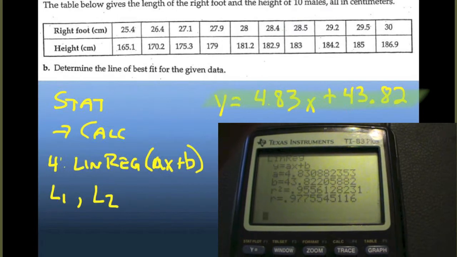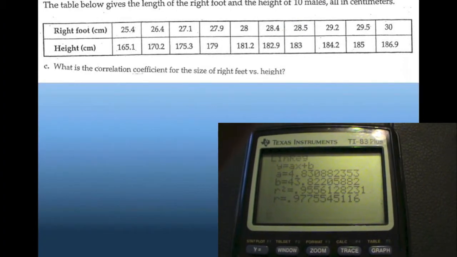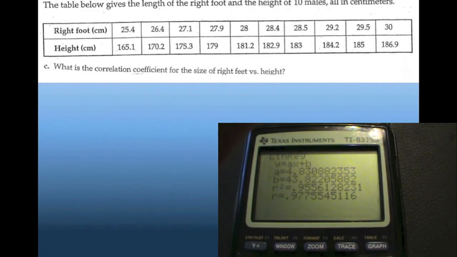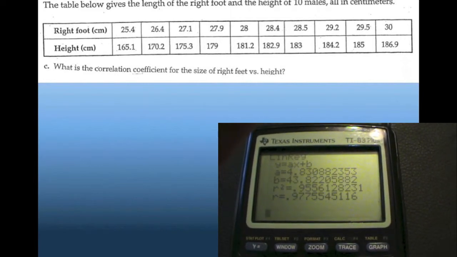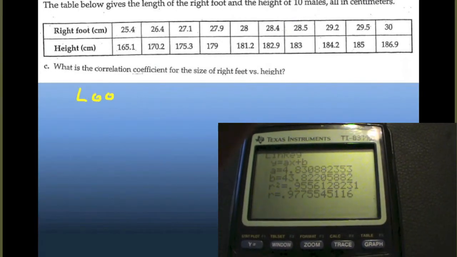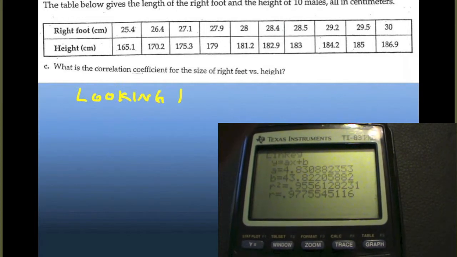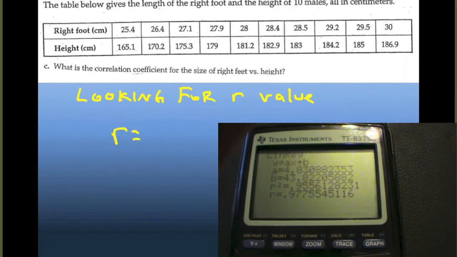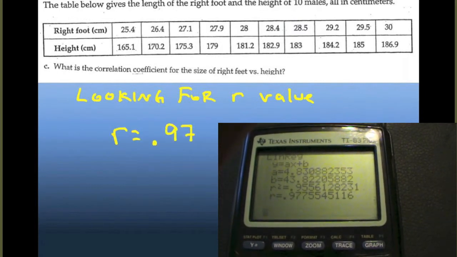Now, part C asks you, what is the correlation coefficient for the right foot versus the height? That is actually your R value. You'll notice in here that R is about 0.9776.